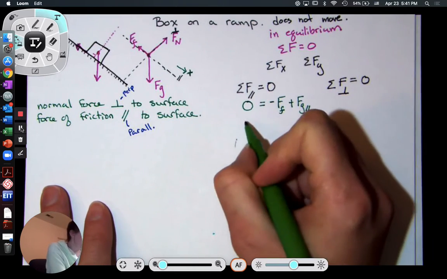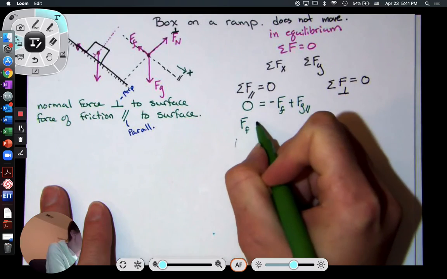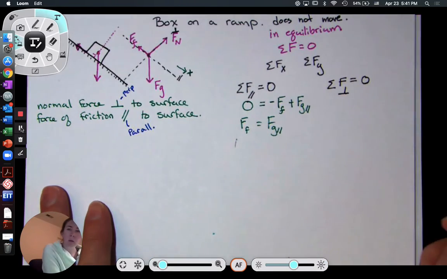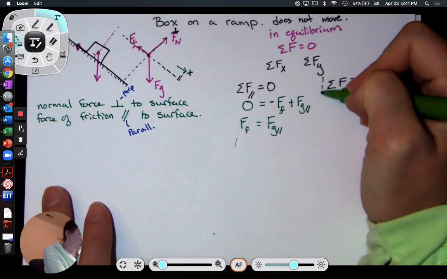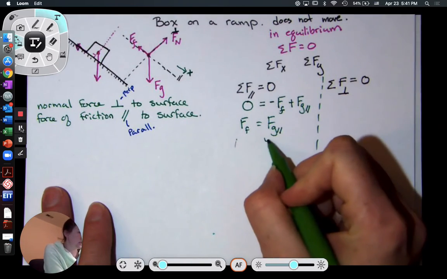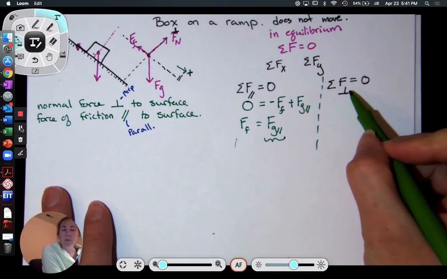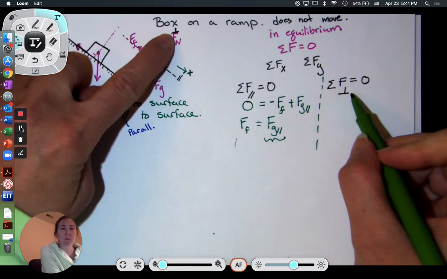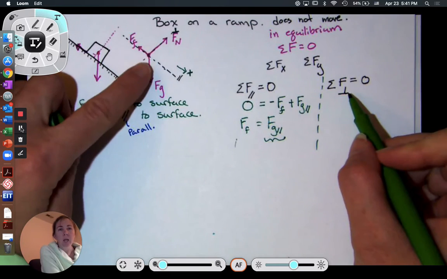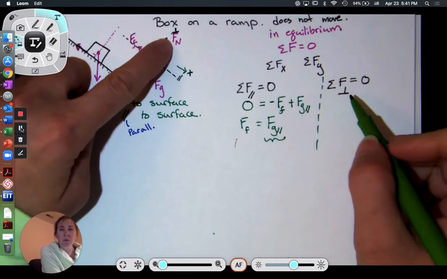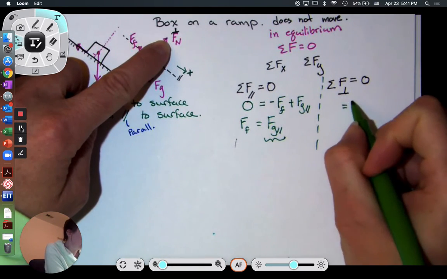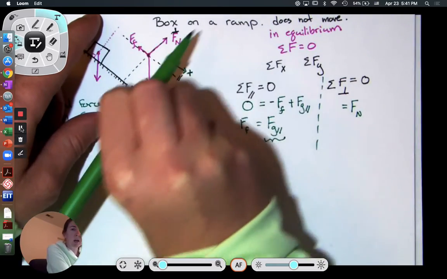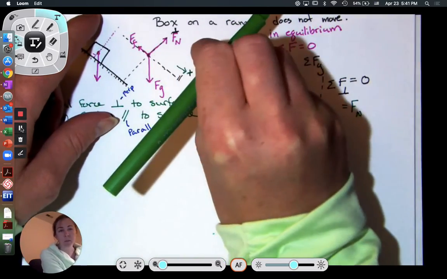So we could just say that the force of friction is going to be equal to the force of gravity parallel to the ramp. And we'll come back to what this actually is in a second. When I sum the forces in the y direction, or the perpendicular direction, remember that's what I'm calling it, I get the normal force. And I'm going to say that out of the ramp is positive.